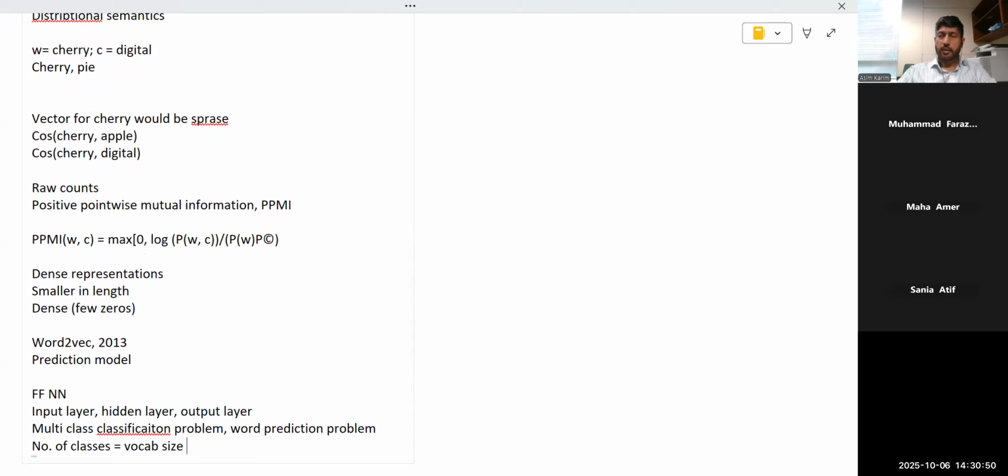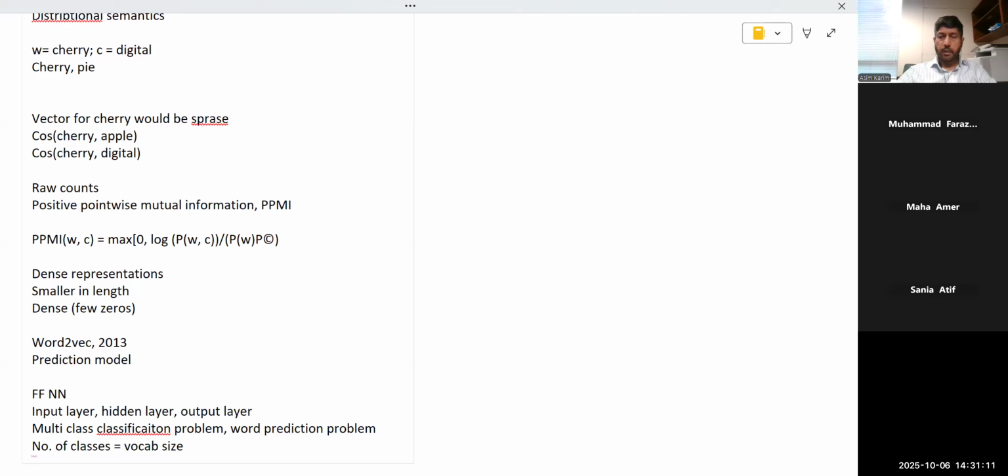So the output number of classes is the vocab size. Vocab size is usually very large, right? 20,000, 30,000, 100,000. But that, as we will see, is not a major issue as long as we have a large corpus to train it.